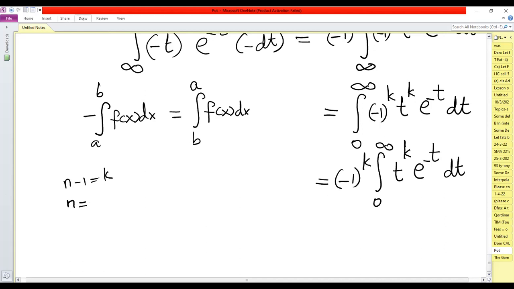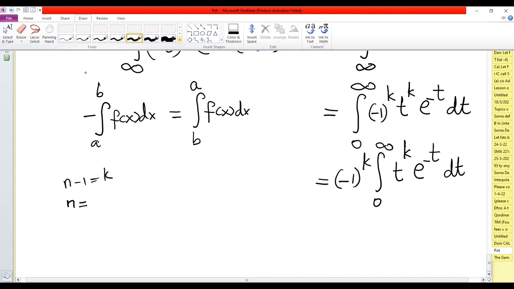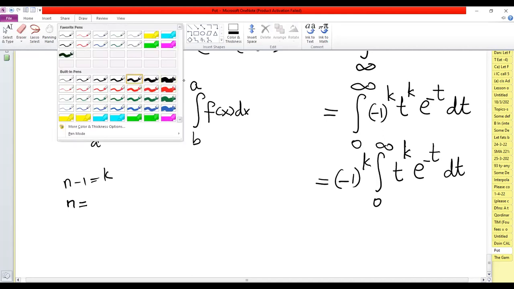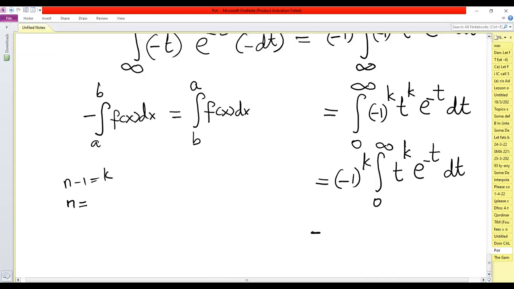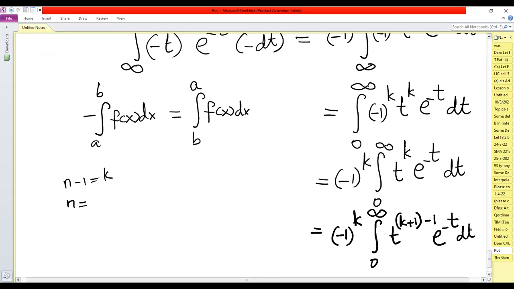So this integral can be written as negative 1 to the power k, integral from 0 to infinity of t raised to the power k plus 1 minus 1, e raised to the power minus t, dt.